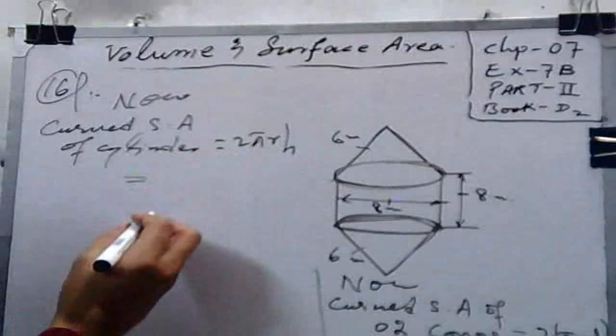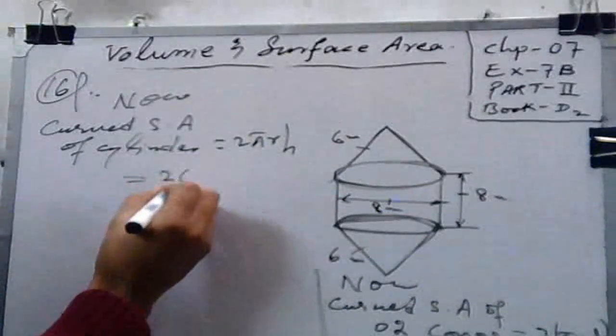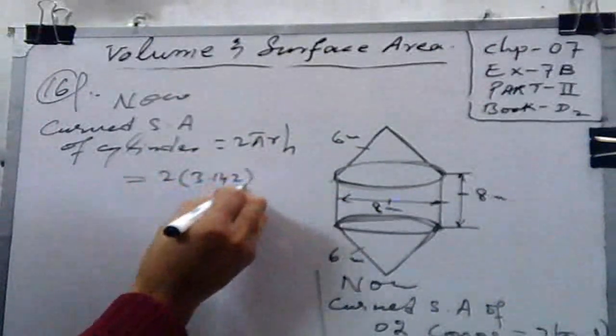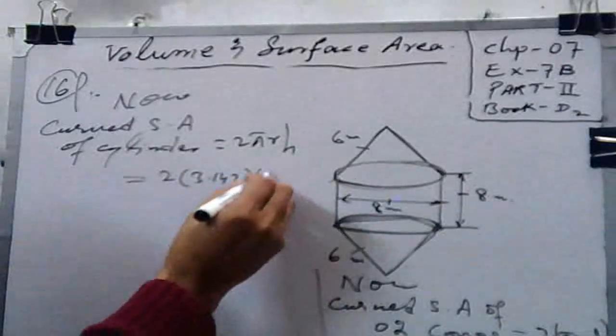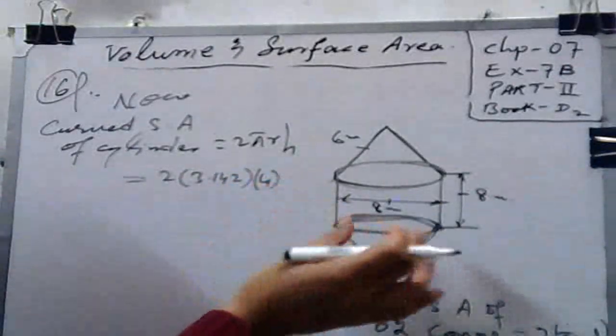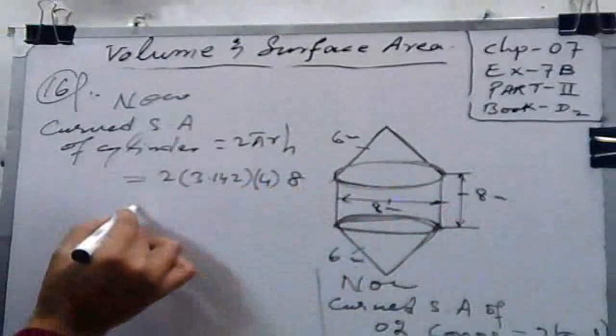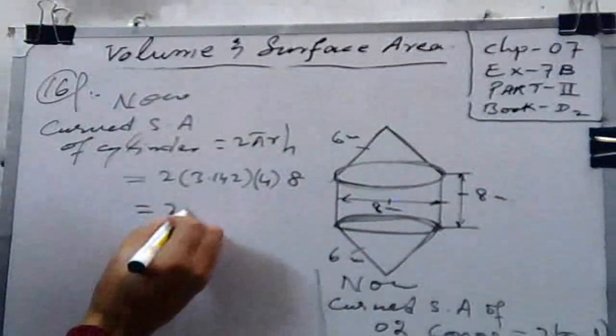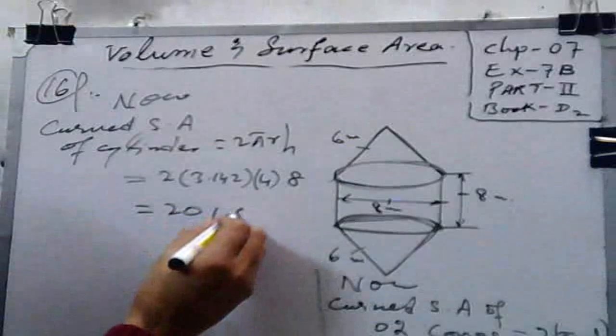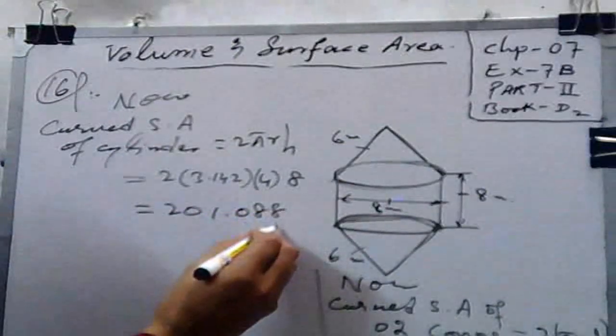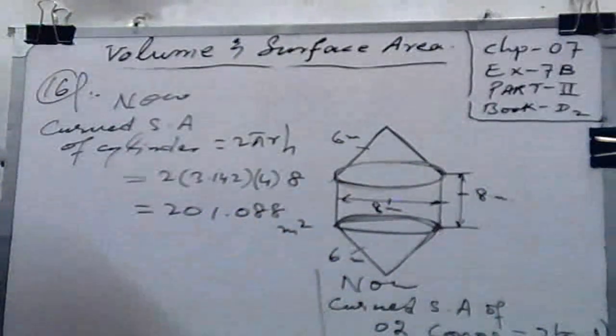Putting the values, 2, the value of pi is 3.142, the value of r is 4, cylinder height is 8. After simplification you will get 201.088 meter square.